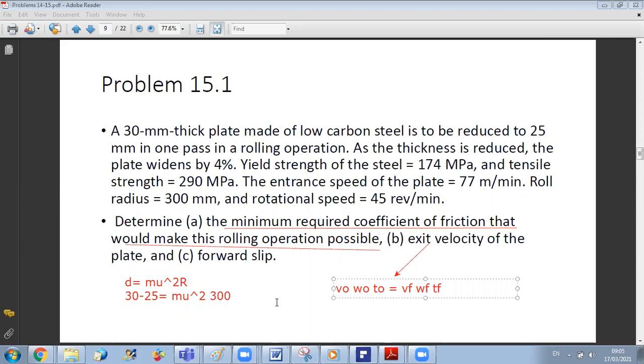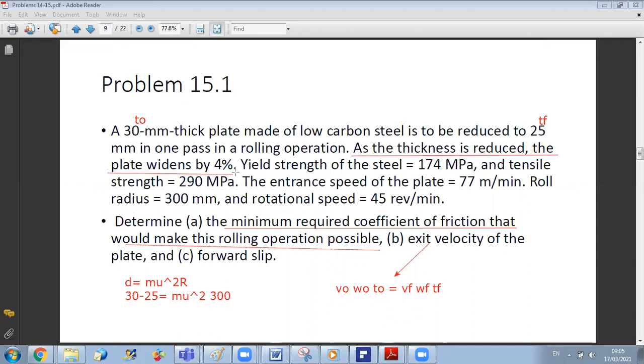Let us see what information is provided. Concerning the thickness, initial and final, we know them. T0 is 30 millimeter, and we want to reduce it to 25 millimeters, so this is T final. They gave us the information that when the thickness is reduced, the width is increased by 4%. This sentence gives us a relation between omega 0 and omega final.